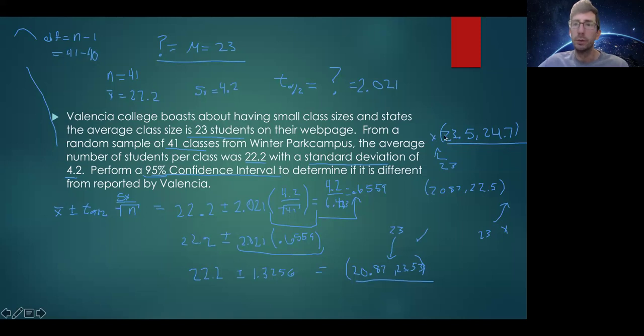So this would be bad for Valencia, or show that their class sizes on average are even bigger than what they're stating, which would not really help support this claim that they have small class sizes. Okay, so in the next video, we will take a look at this next example.